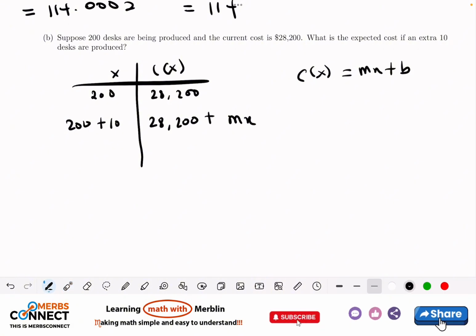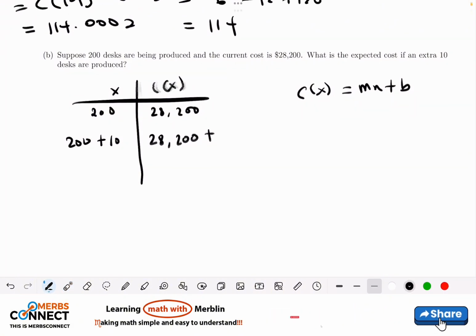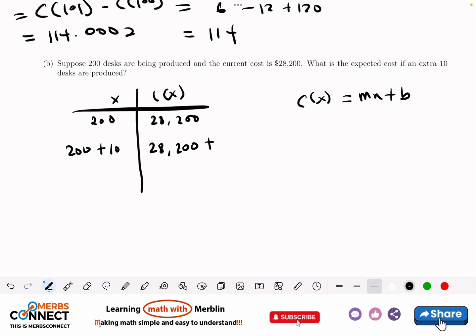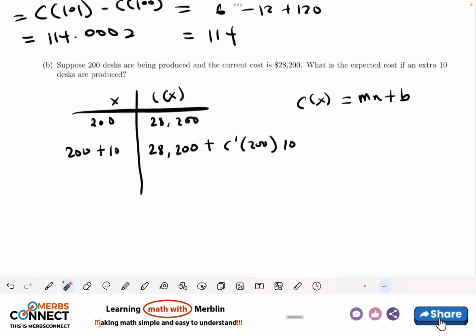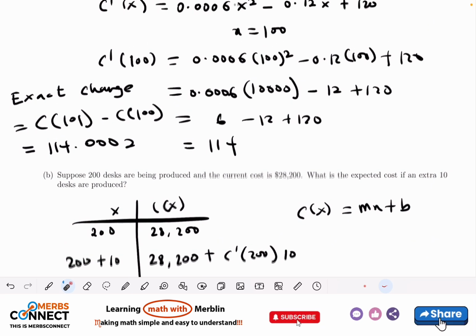So now, if I'm writing it in terms of what we did here, this is going to be C prime of 200 times 10. So now our x is this, and then we need to look for the gradient, which is m, at x equal to 200 at that point. So now let's go and look for it.